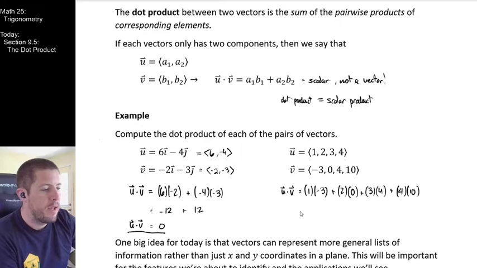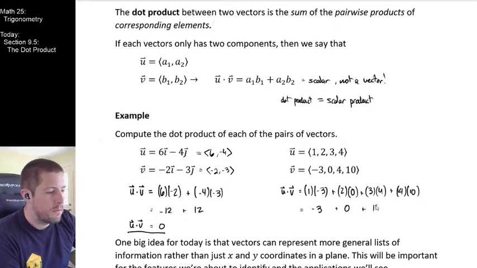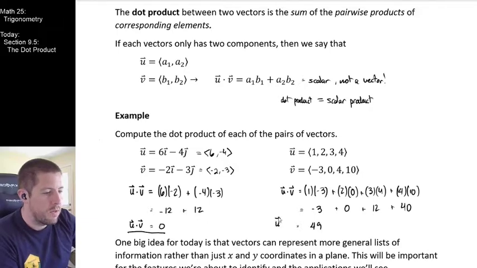So we're adding up the pairwise products of each of the elements. So negative 3 plus 0 plus 12 plus 40. Negative 3 and 12 is 9. 9 and 40 is going to give me 49 for u dotted with v.